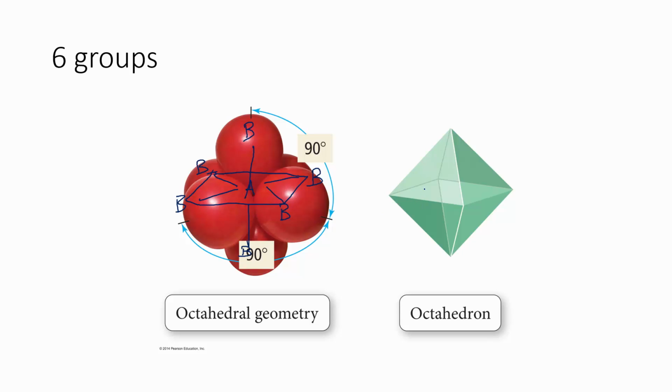Those are 180, but overall almost all the angles between immediately adjacent atoms will be 90 degrees in an octahedron. Keep in mind, an octahedron is any molecule that has an AB6 designation in its Lewis dot structure.